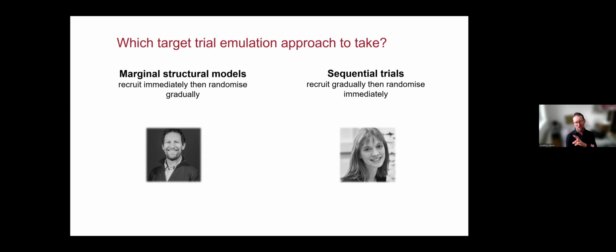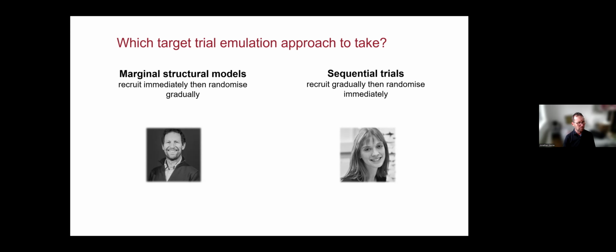In the sequential approach, I'll say more about it in a moment, you can characterize it as recruit gradually, then randomize immediately. I, on the other hand, had worked previously with marginal structural models, which can be characterized as recruit immediately, then randomize gradually. And I said, well, that's the way we should go. A summary of all this, and this is one of Will Hume's slides, is that Fiz was right and I was wrong.